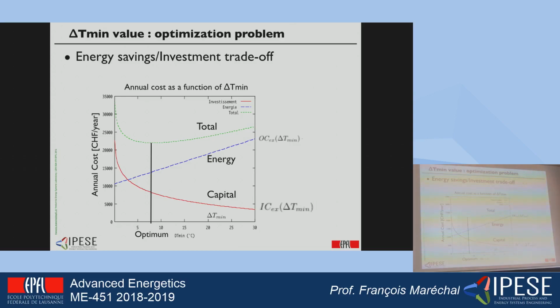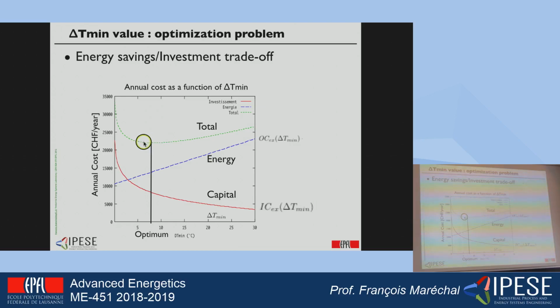We have linked the heat recovery to a value which is the delta T minimum, which is the minimum temperature difference that is accepted in a heat exchanger, so that economically this heat exchanger will be acceptable, meaning that the value of the energy saved, which is the energy exchanged by the heat exchanger, is equal to the value of the investment. So I cannot go in both directions.